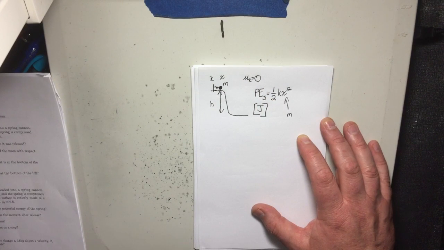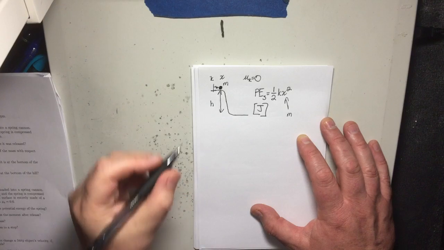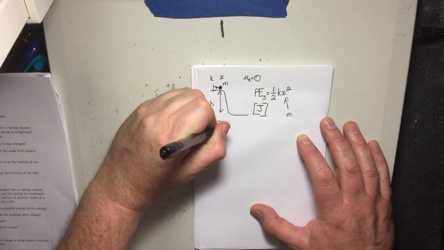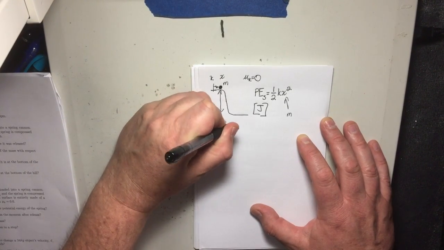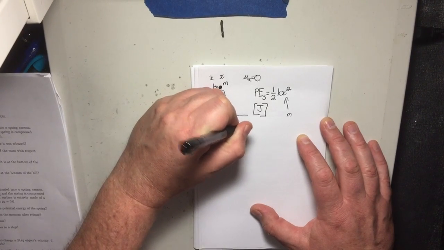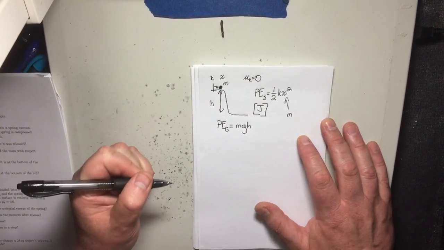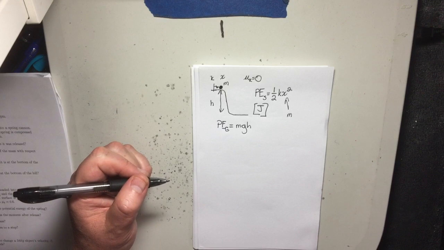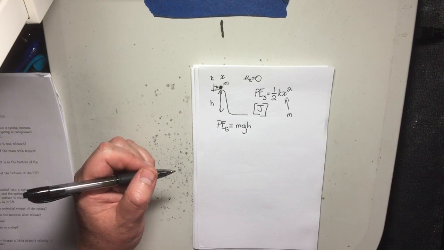And so that would be part 1. Part 2, what is the gravitational potential energy of the mass with respect to the bottom of the hill? Potential energy of gravity is just mgh. So you just multiply that together. And again, potential energy is measured in joules.